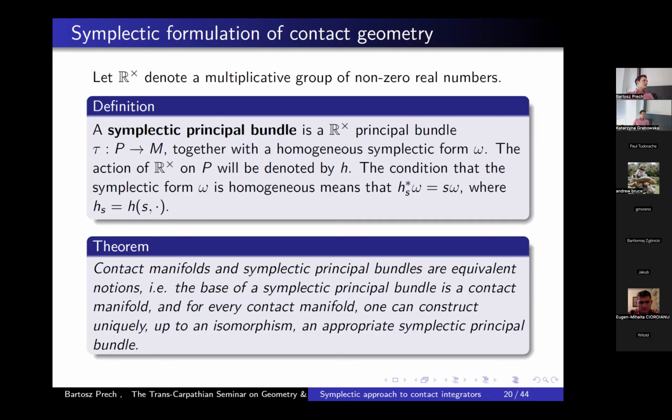It turns out that you can uniquely, up to isomorphism, construct a symplectic principal bundle for a contact manifold, and similarly for every symplectic principal bundle there exists a contact manifold. So for a given M, you can always construct P, and for a given P, you can always construct M.